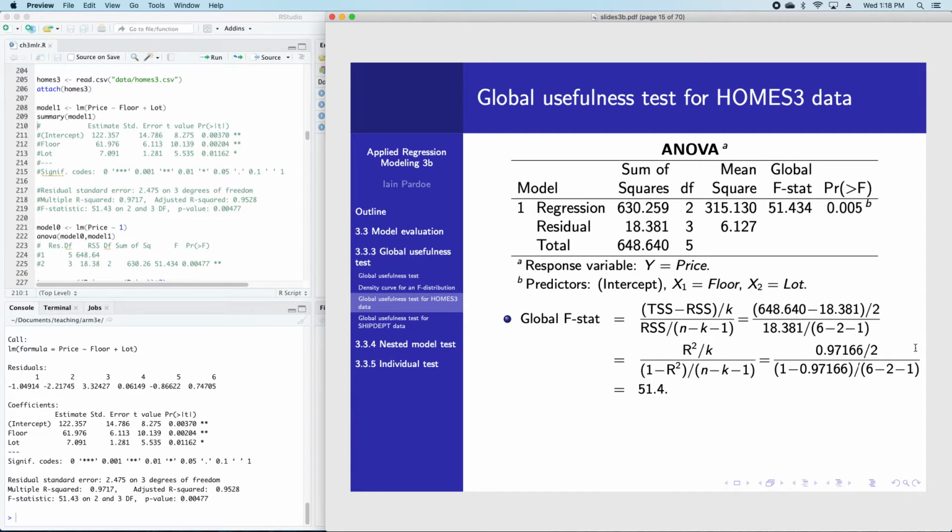The remainder of this slide just runs through calculations that can help you practice understanding what this formula is doing. So here's total sum of squares, it's this number here. Here's the residual sum of squares, it's this number here. And there's k, two predictors. N is 6, sample size of 6, minus 2, minus 1. So we're going to have 2 in the numerator, 3 in the denominator.